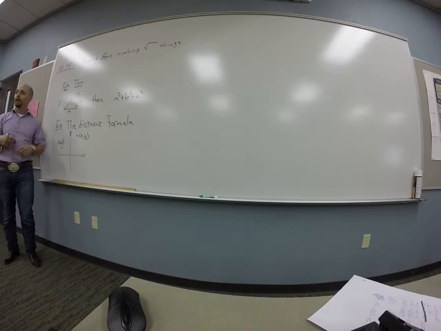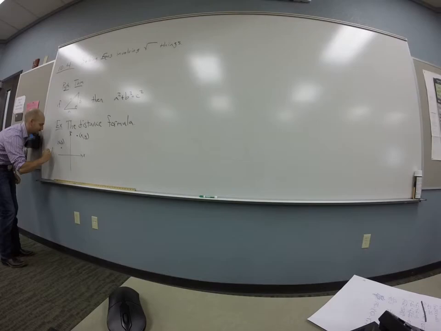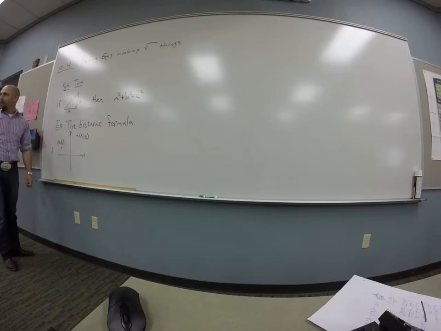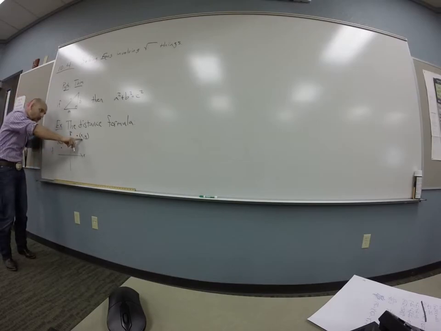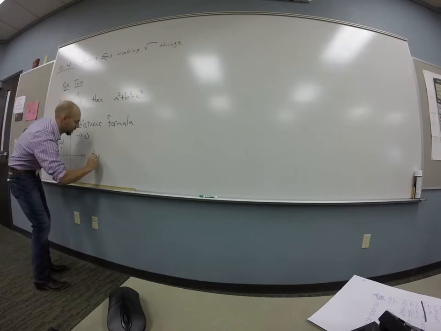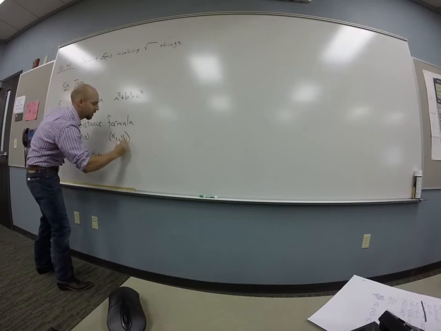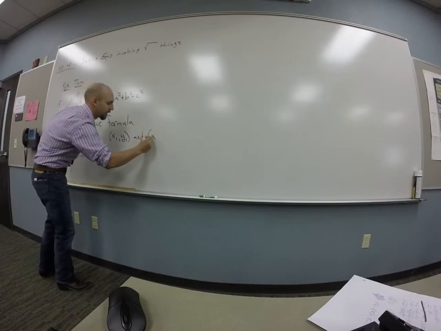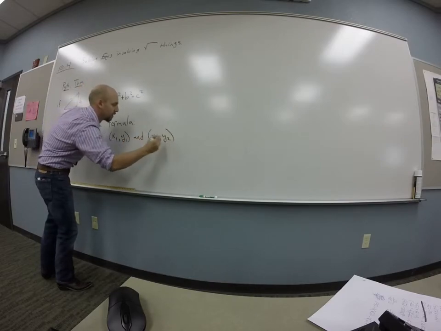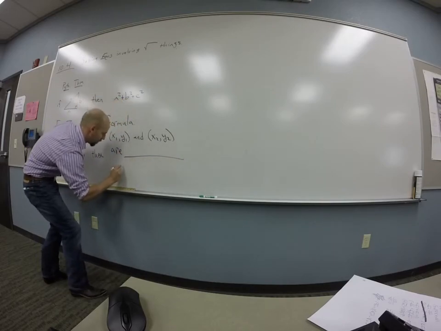This is going to be an if-then statement like the Pythagorean Theorem. So if I have x1, y1, and x2, y2 in the plane, these 2 points, then I can say something like x1, y1, and x2, y2 are blank apart.